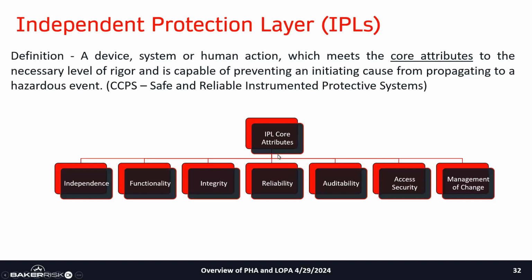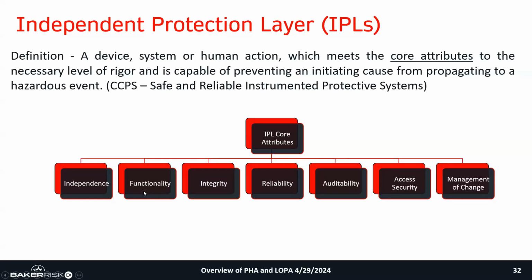So on this slide, we've listed out several of the IPL core attributes. So in its name, independent protection layer, it's very important that as you identify safeguards, failure of one safeguard does not result in failure of your other safeguards. So they need to have independence.